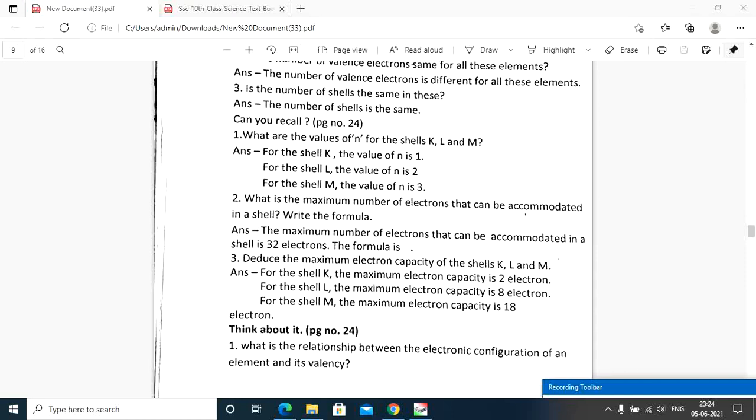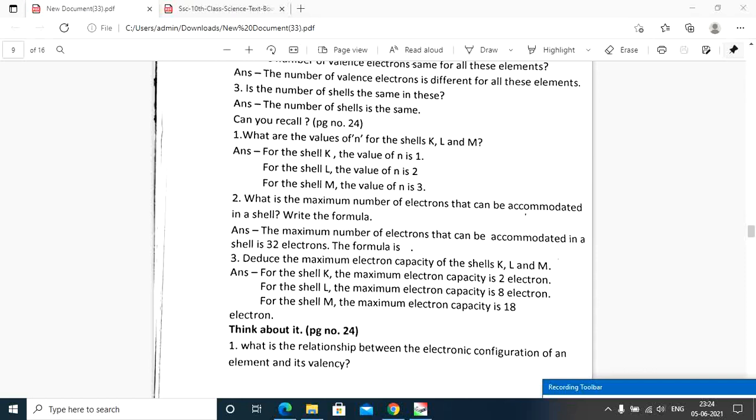If the number of valence electrons in the outermost shell is 5, the element is going to accept 3 electrons, so the valency is 3. So you can define valency as how many electrons an element will either donate or accept to complete its octet.